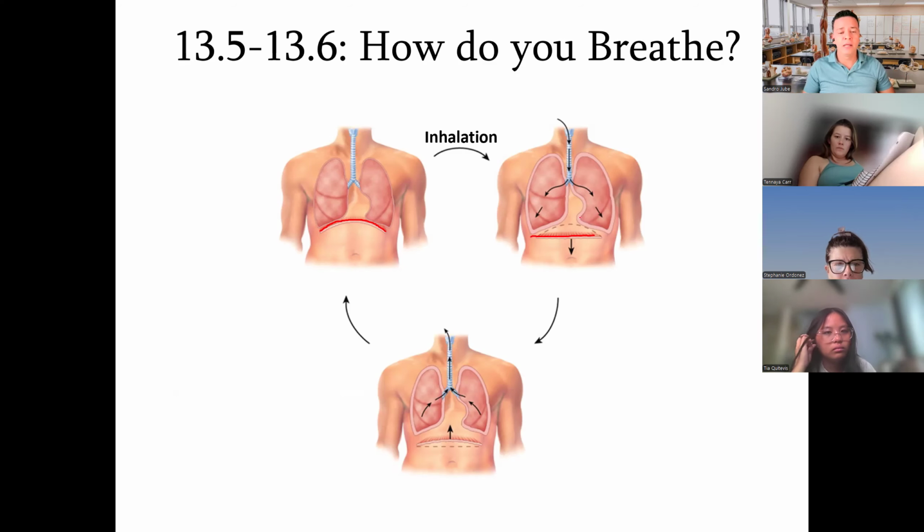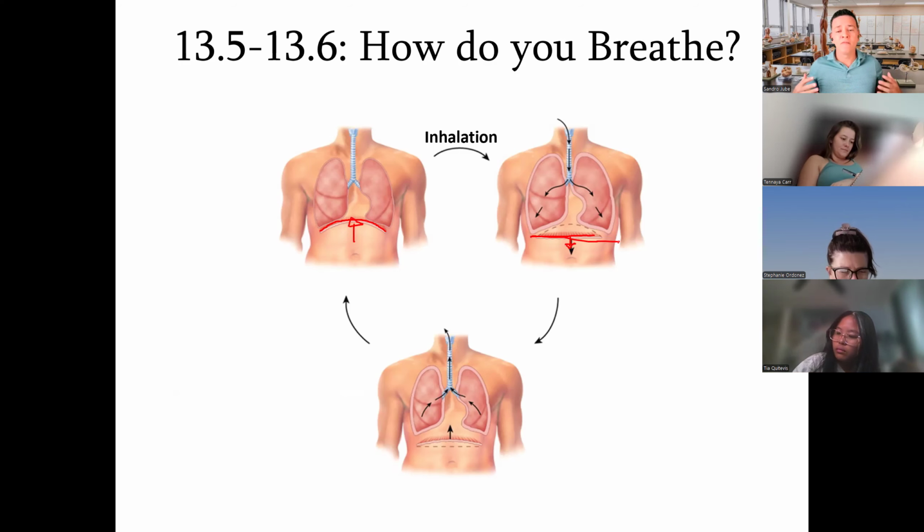So you can see before inhalation, the diaphragm was the shape of a dome. But when we inhale and we contract, the diaphragm is going to come down and flatten. When we flatten the diaphragm, we increase the volume inside of our thoracic cavity. So the volume inside of the lungs increases. Can anybody tell me what's going to happen to the pressure inside of the lungs if the volume increases, according to Boyle's law?